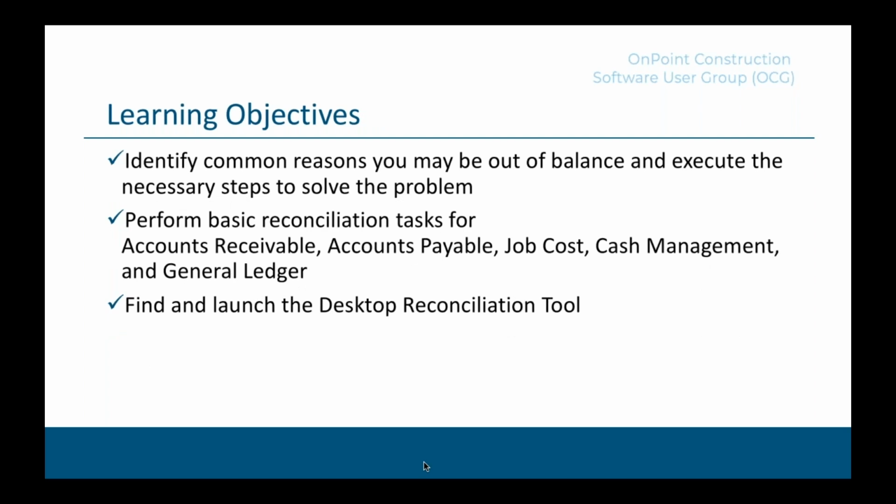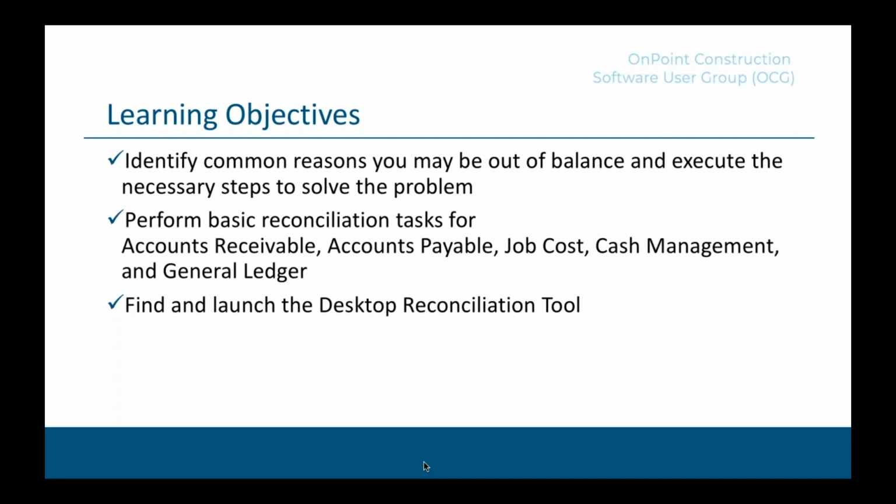So what we're going to be learning today is to identify some common reasons why you might be out of balance, and then how to execute the necessary steps to solve those issues. We're going to perform some basic reconciliation tasks, and the modules that we're going through are accounts receivable, accounts payable, job cost, cash management, and general ledger.